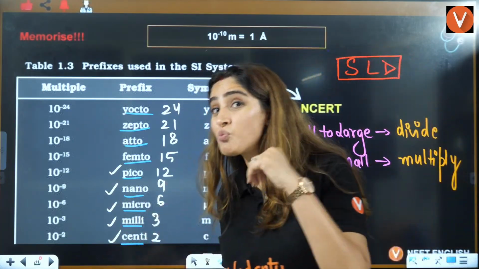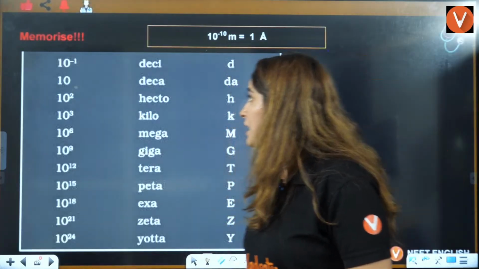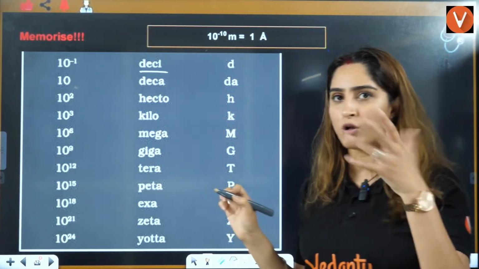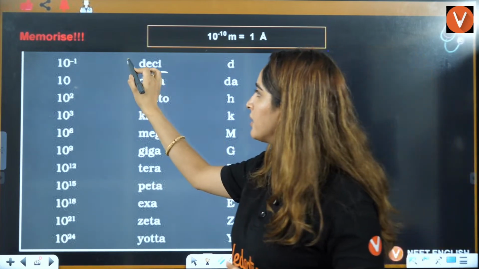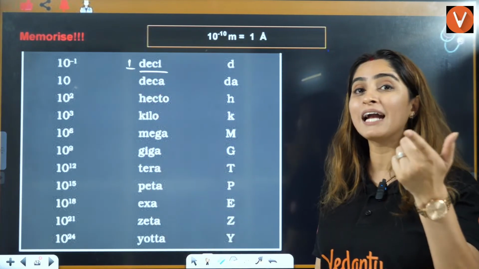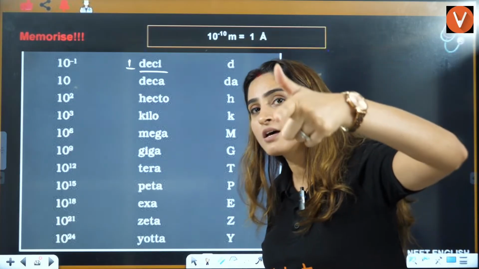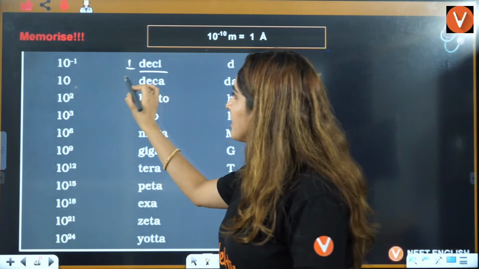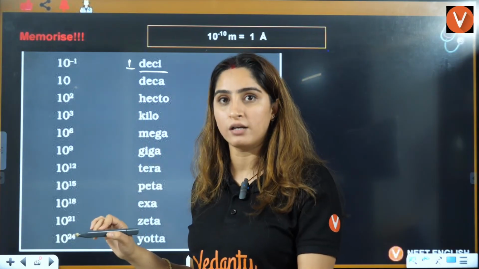Now these are smaller, and these are bigger. Deci is also smaller, that is 1. Deci is 1, and after that you have the bigger ones. Deci is smaller by 1, deca is bigger by 1. Deca will be more than meter.